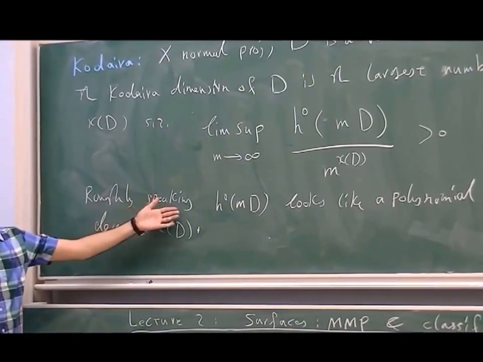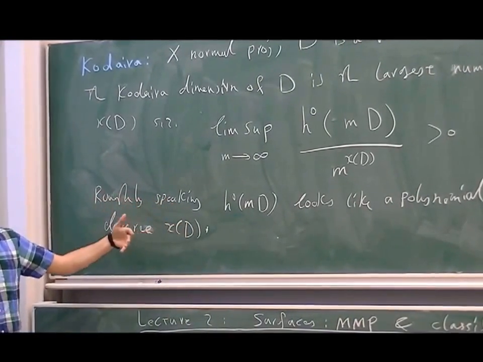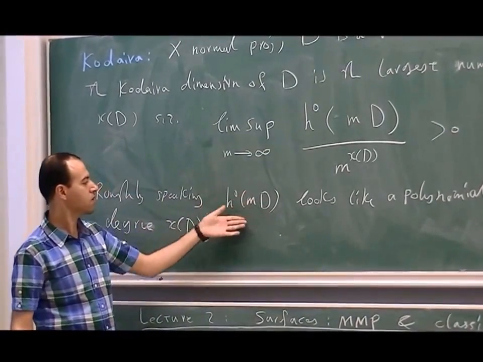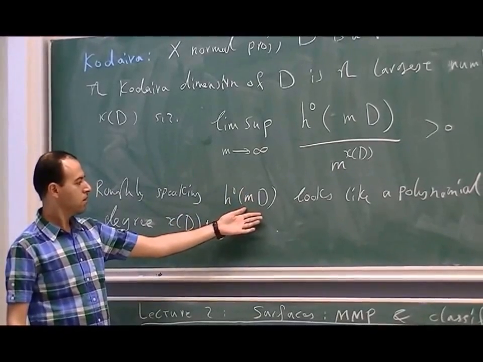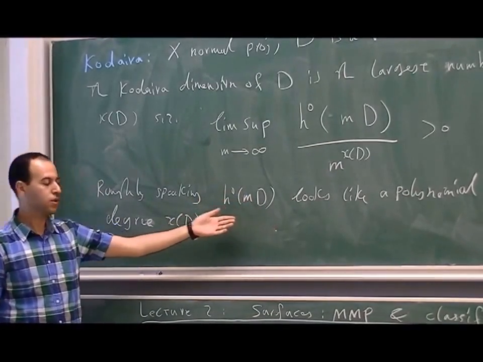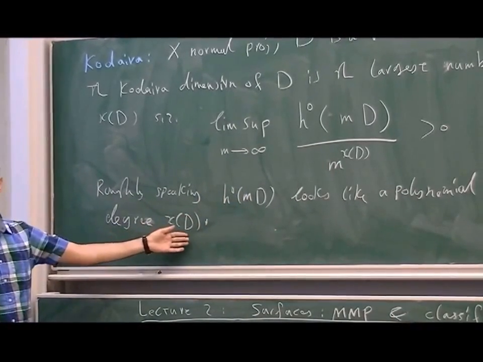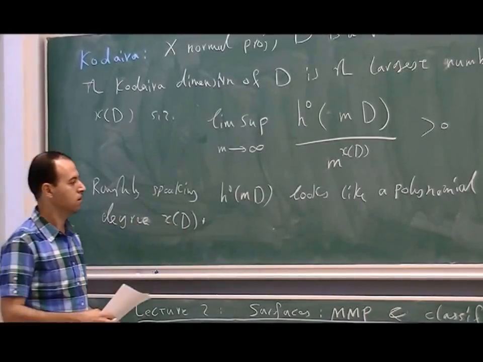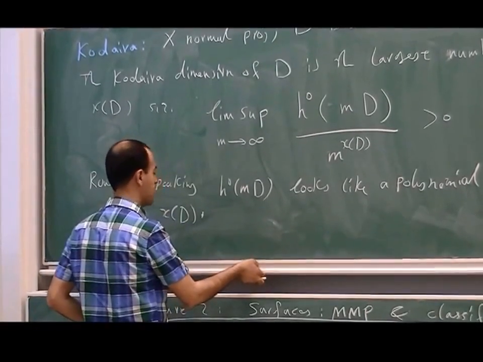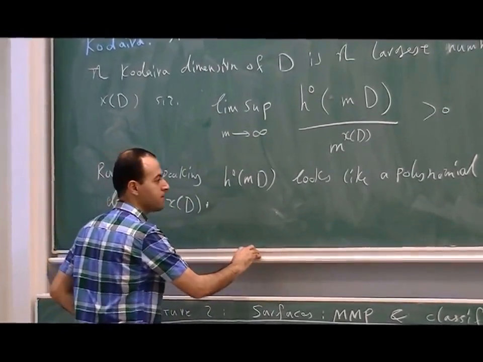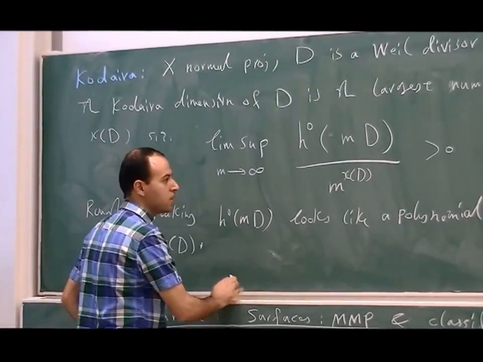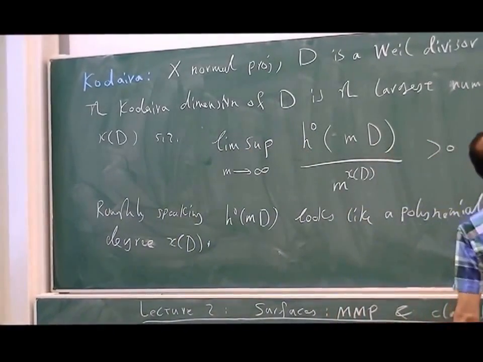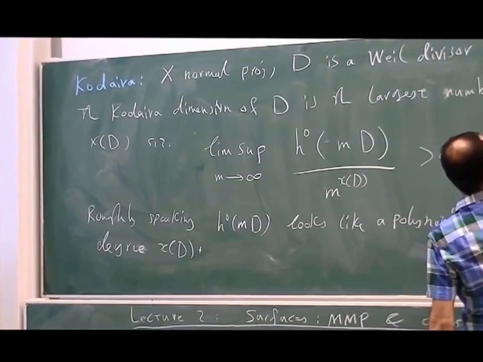So that's what it is. It just tells you that this sequence of numbers, if you consider it as a function, behaves like a polynomial of degree exactly equal to the Kodaira dimension. And for some quite simple reasons, you can actually say a lot of things about this Kodaira dimension, so let's put it down in remarks.